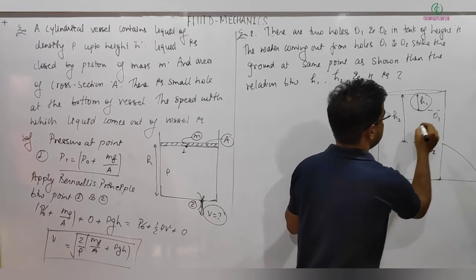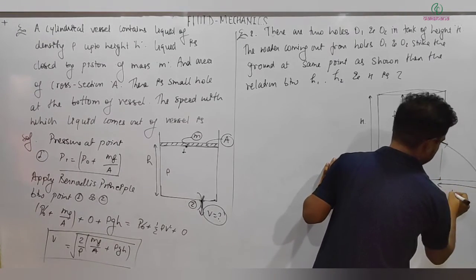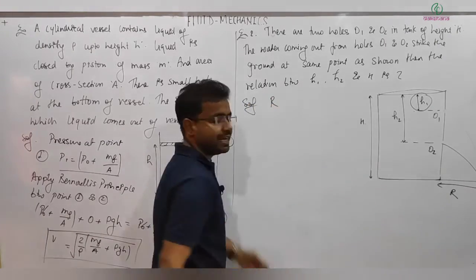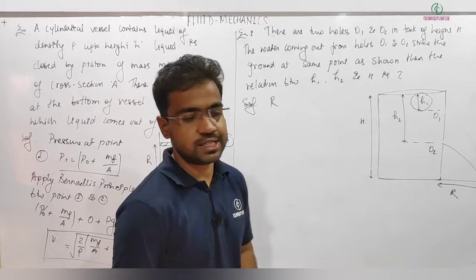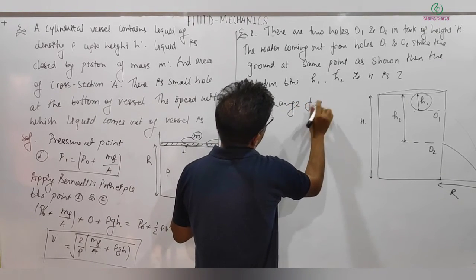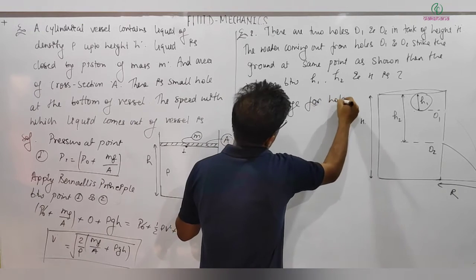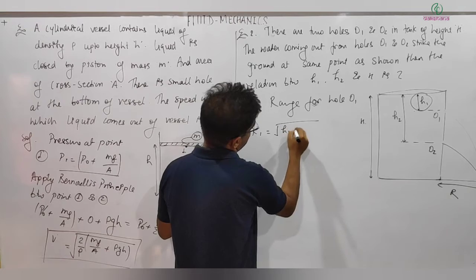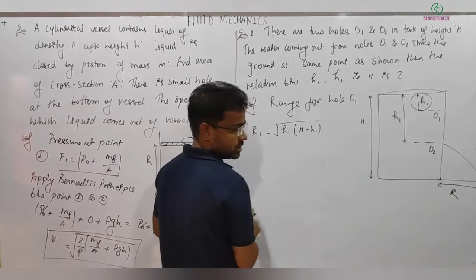So definitely we can write this range. Let's see the solution. The range for both the holes must be the same. So the range for hole O1, R1, will be equal to under root H1 into capital H minus small h1.